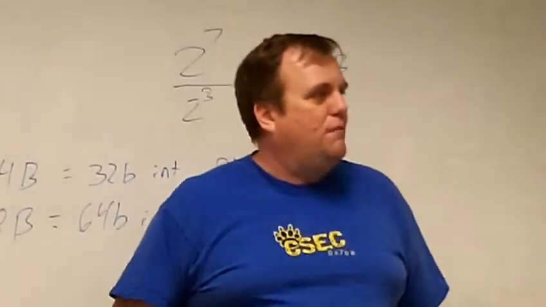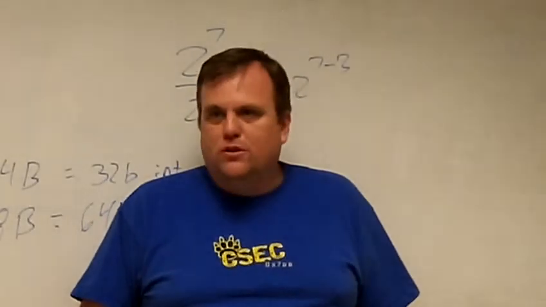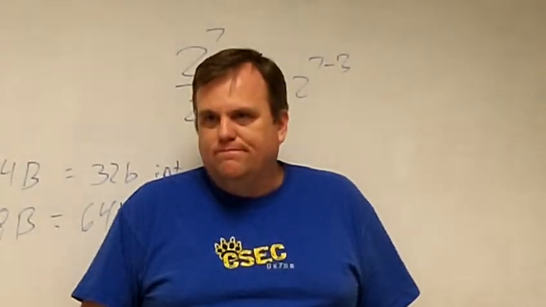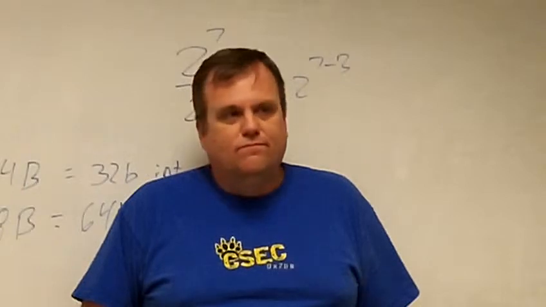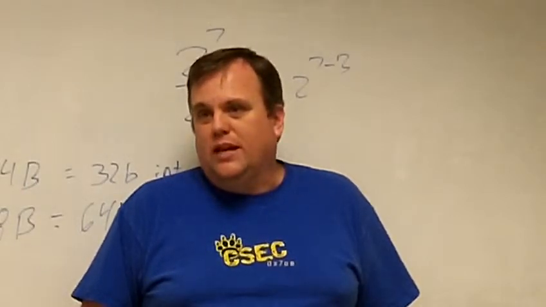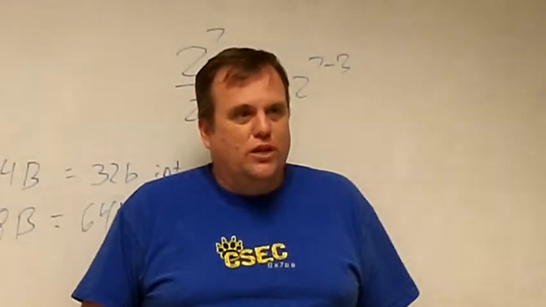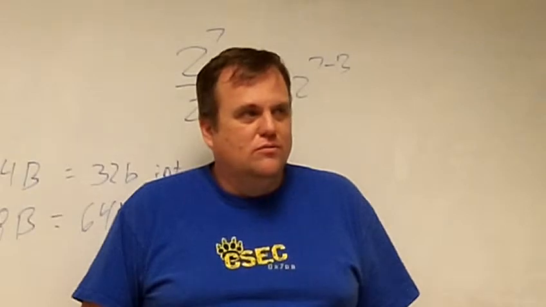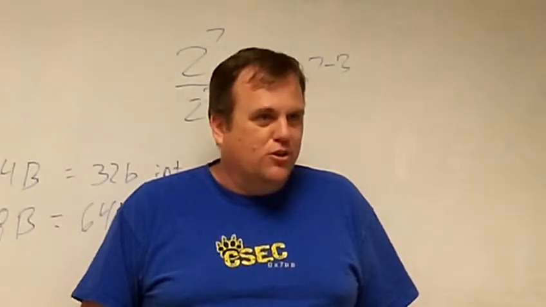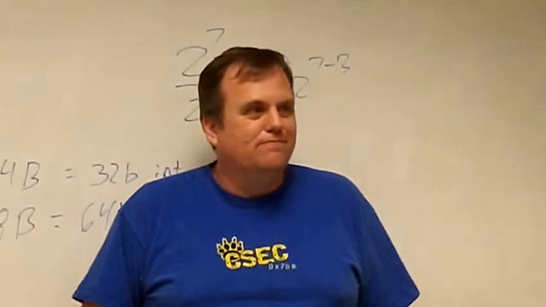If I tell you I've got a 500 megahertz clock and double data rate, what's my effective transmission frequency? 2 times 500, which is a gigahertz. So the time between transmissions would be 1 over a gigahertz, which is a nanosecond.